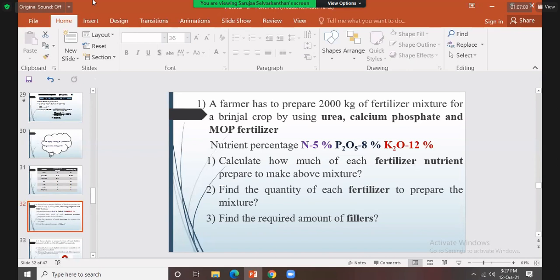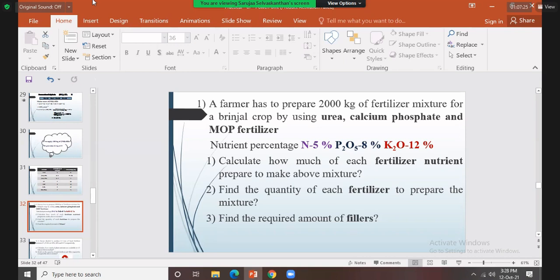Okay, then 8% means 100 kilogram has 8 kilogram of phosphorus, and 12% means 100 kilogram has 12 kilogram of potassium. These are the three important ones.